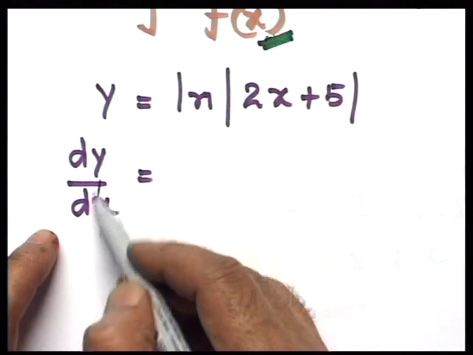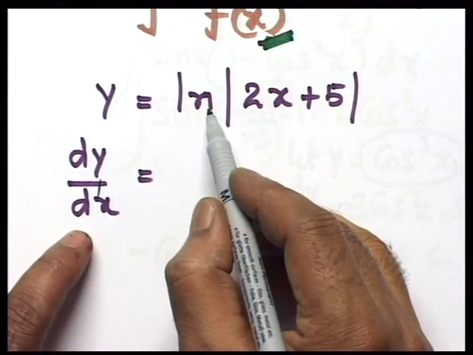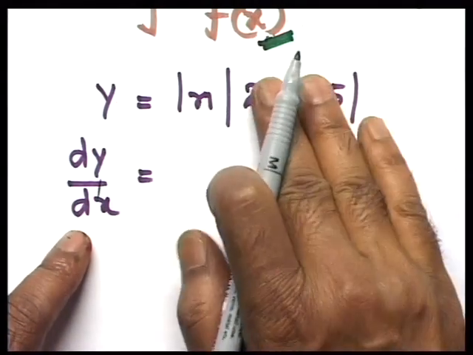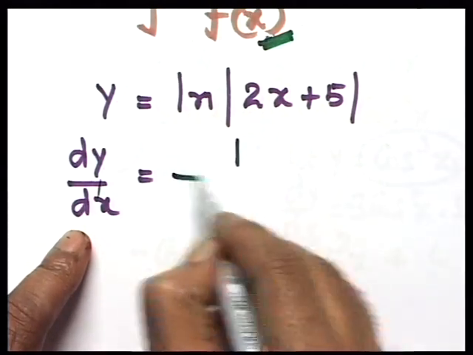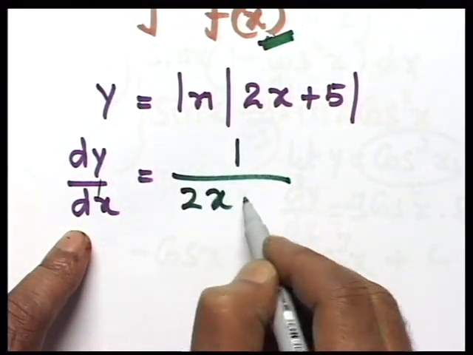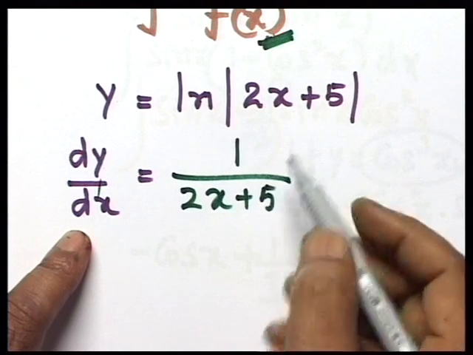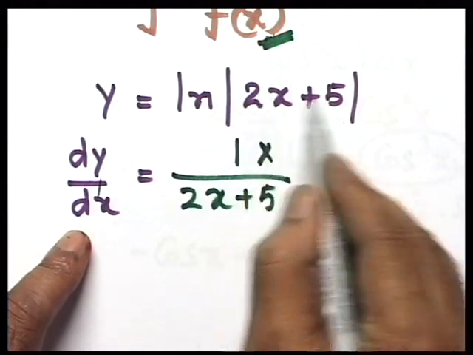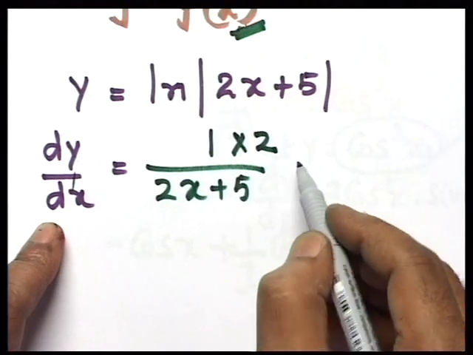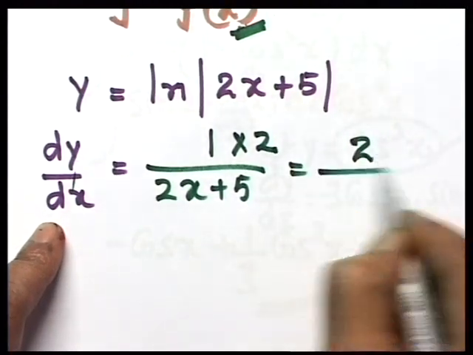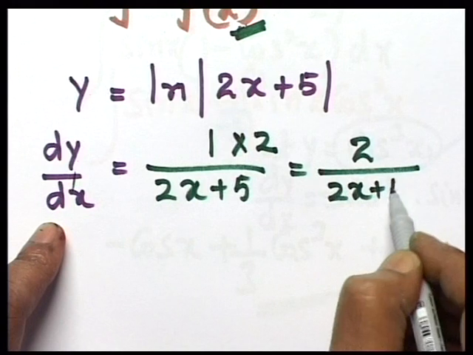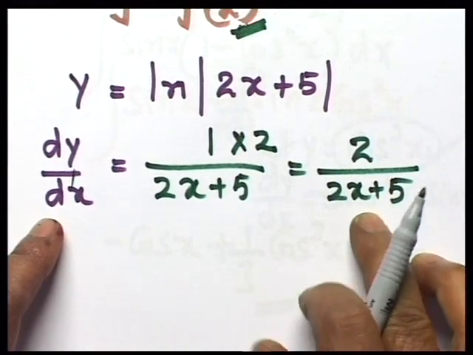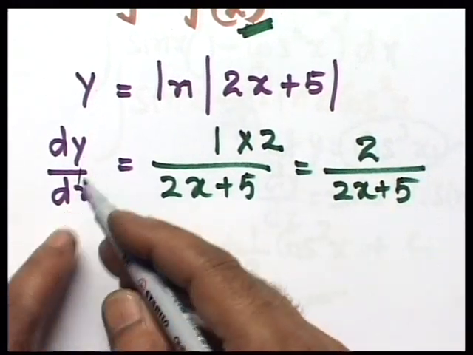Let's find dy over dx. Differentiation of natural log of something is 1 over the same thing, 2x plus 5. Then using the chain rule, we differentiate that, times 2, which is exactly 2 divided by 2x plus 5. So that's the gradient, dy over dx.